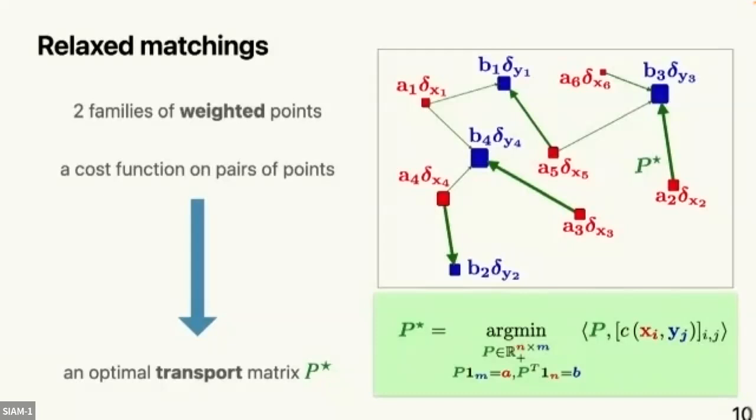The founding fathers of that theory are typically Tolstoy in the 30s in the Soviet Union, and of course Kantorovich, who got the Nobel Prize in the 70s for formulating this, but wrote about it as early as 39, 40.